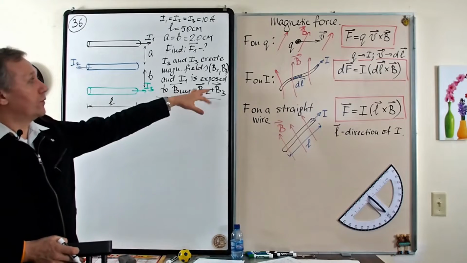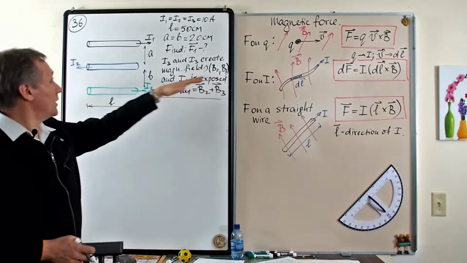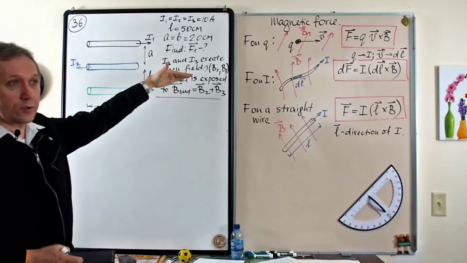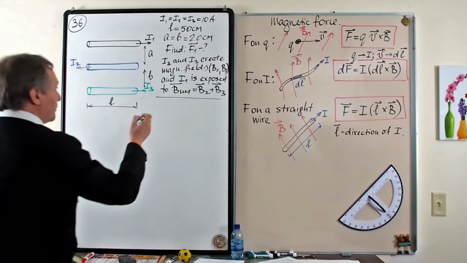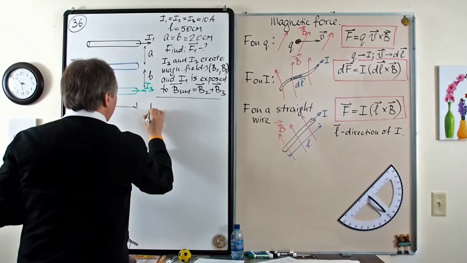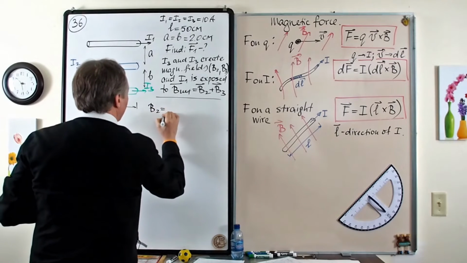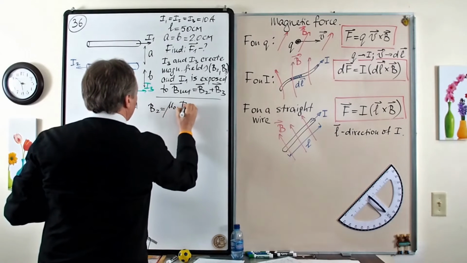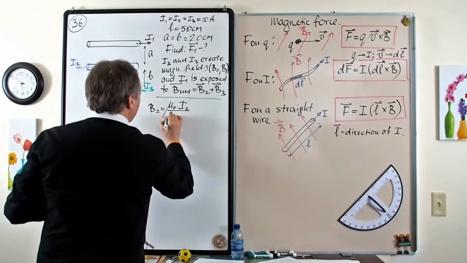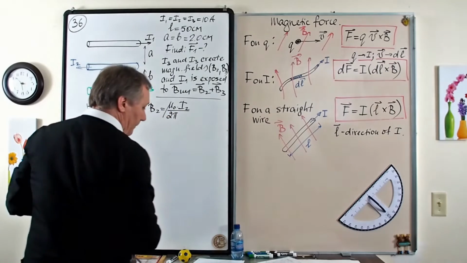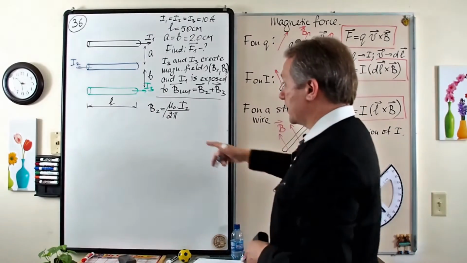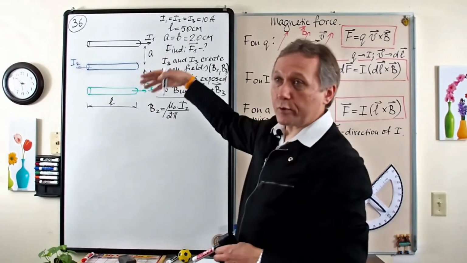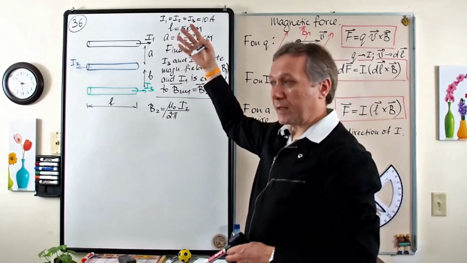Absolute value of B2. It's basically an infinitely long straight wire, right? We know the formula for the magnetic field, so we can write that B2 absolute value equals mu naught I2 divided by 2 pi r, where r is the distance from the wire to the point where you want to find magnetic field.